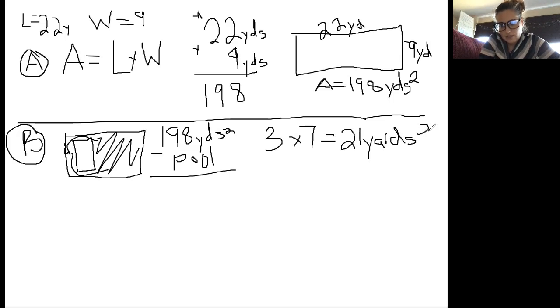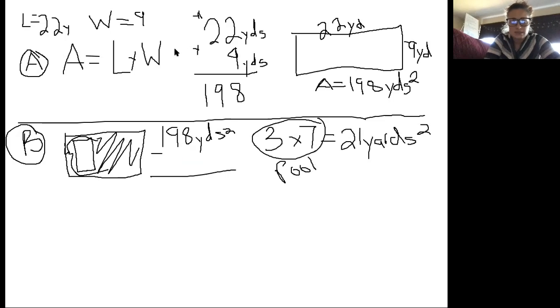All right, so now that we have the area of the pool, okay? We can subtract that from our 198. So I'm just going to erase where we wrote pool, okay, just to save space. And I'm going to write minus 21.